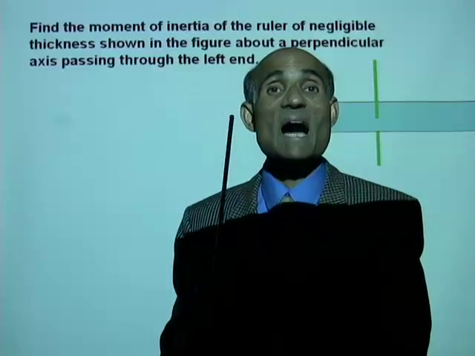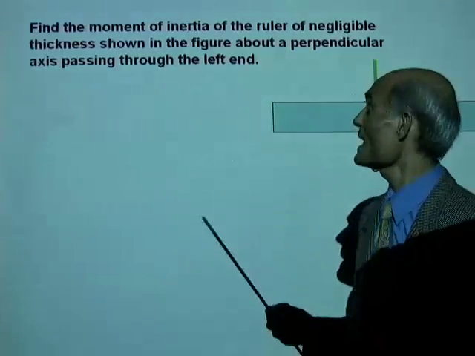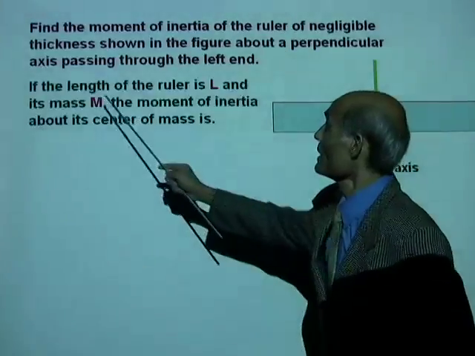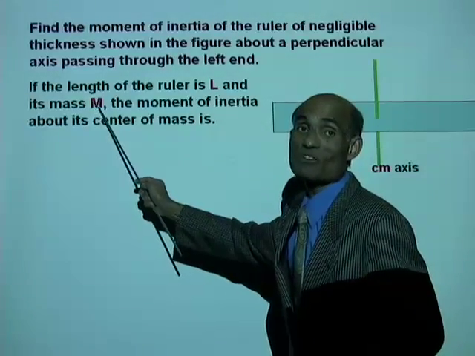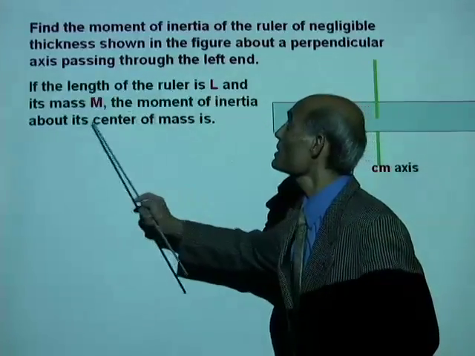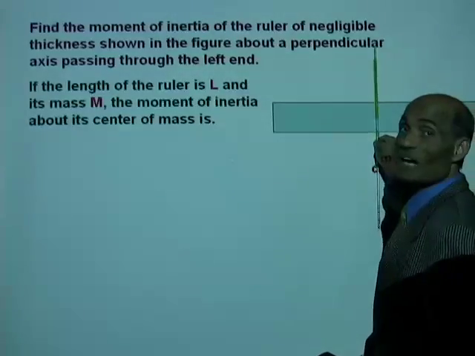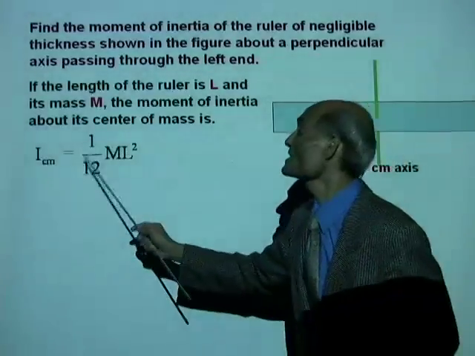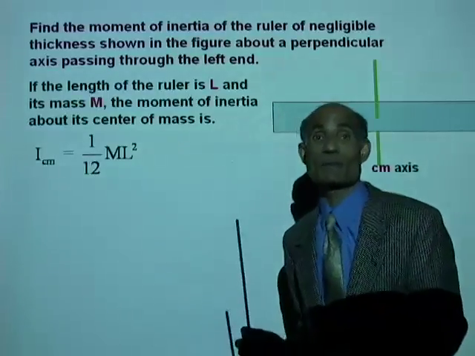In other words, I center of mass is 1/12 ml squared. If the length of the ruler is L and its mass m, the moment of inertia about its center of mass, about this axis, is I center of mass equals 1/12 ml squared.